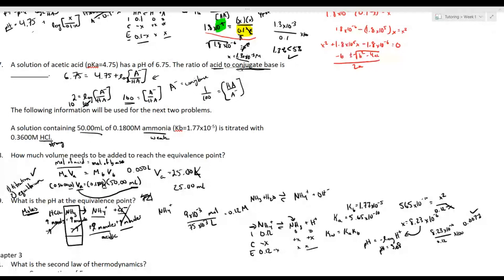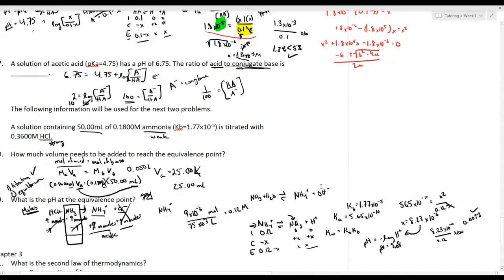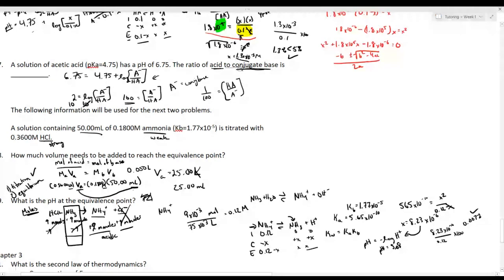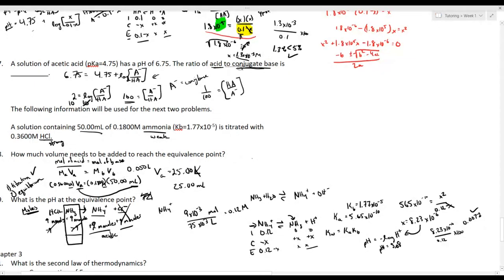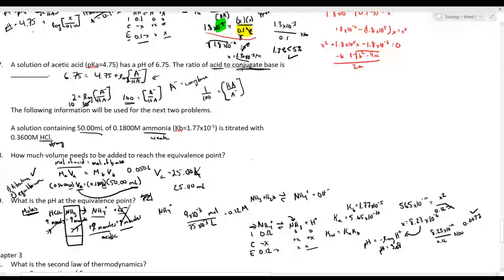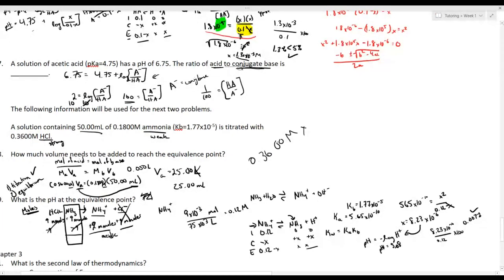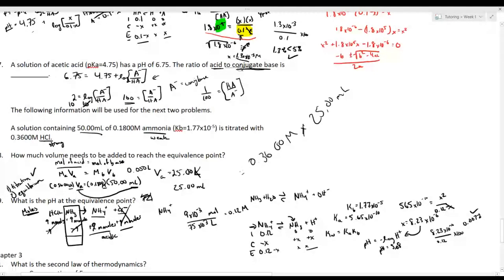Where do the millimoles come from? Very good question. So they came from number 8, or like the first part of this problem. I went ahead and did 0.3600 molar times the 25 milliliters, 25.00 ml, to get to 9 millimoles.